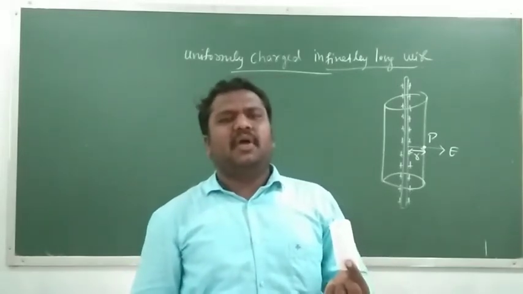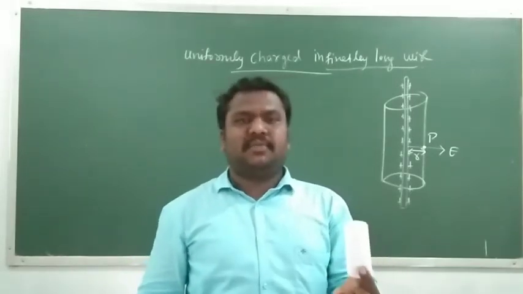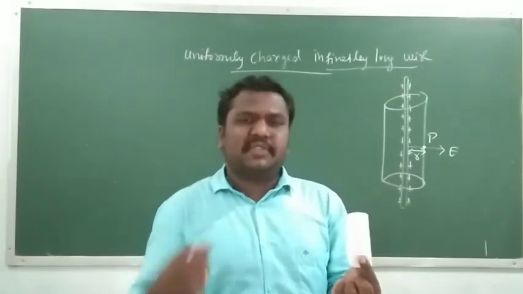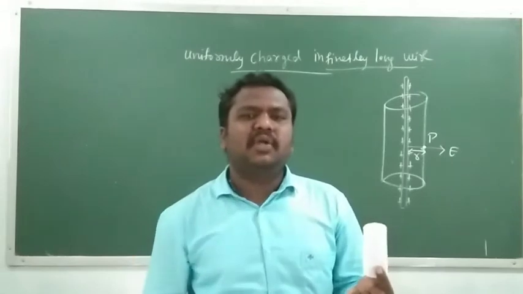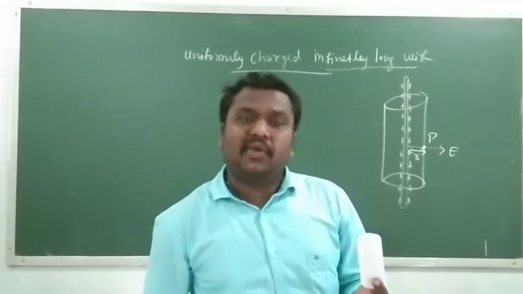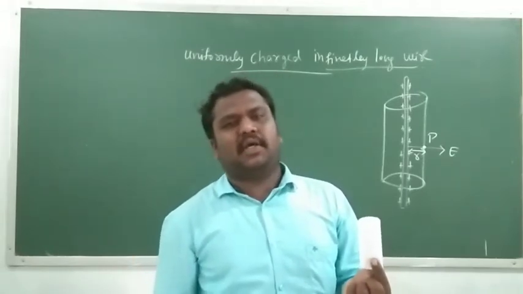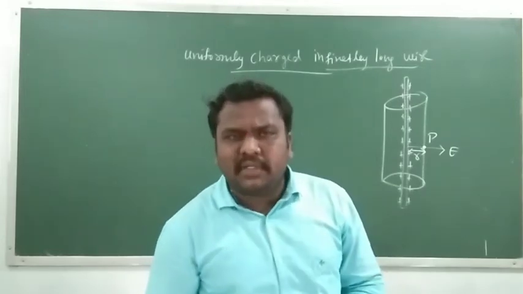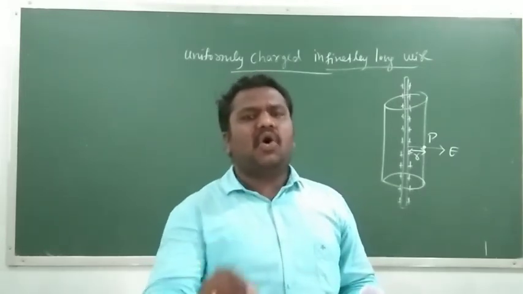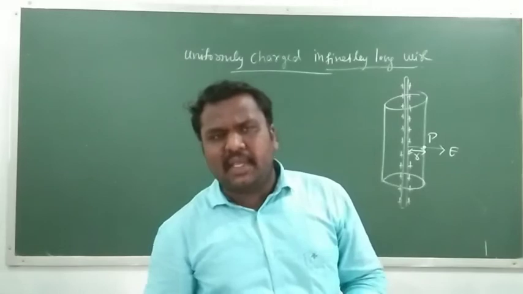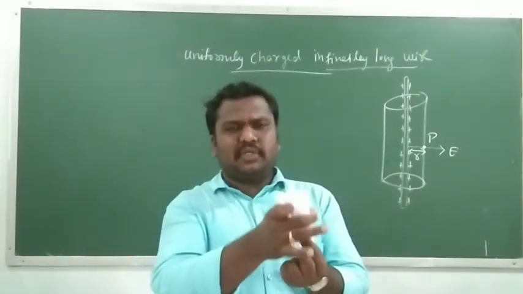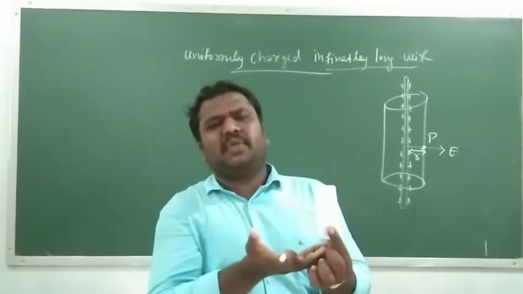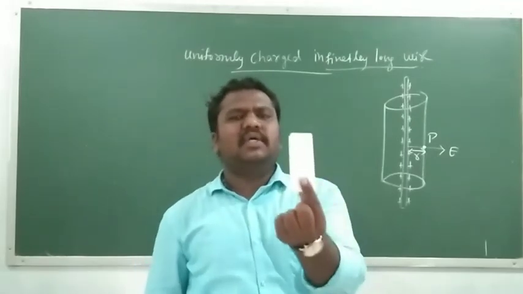Now out of these three regions, where the flux will be 0 and where the flux will not be equal to 0, that depends on the angle between the electric field and the area vector. And already we know that the area vector is always normal to the given surface area. Therefore, let us consider we have three surfaces, that is the curved surface, the upper surface as well as the lower surface for a given cylinder.